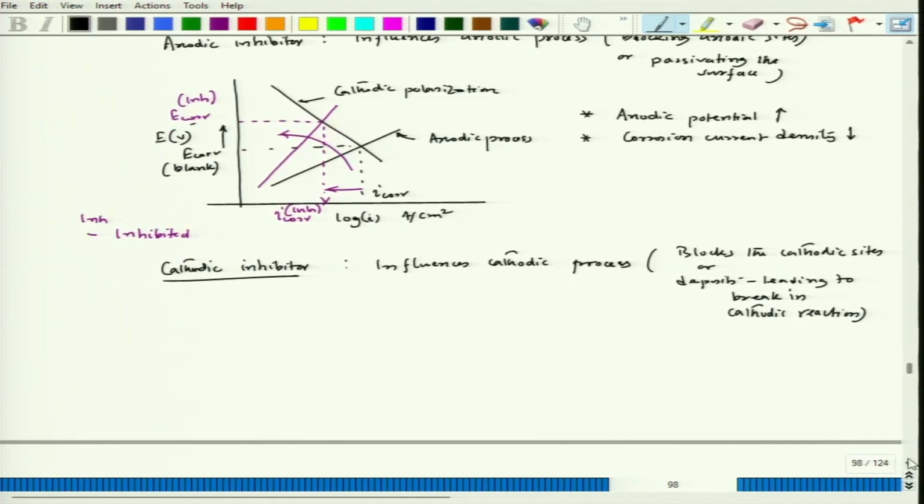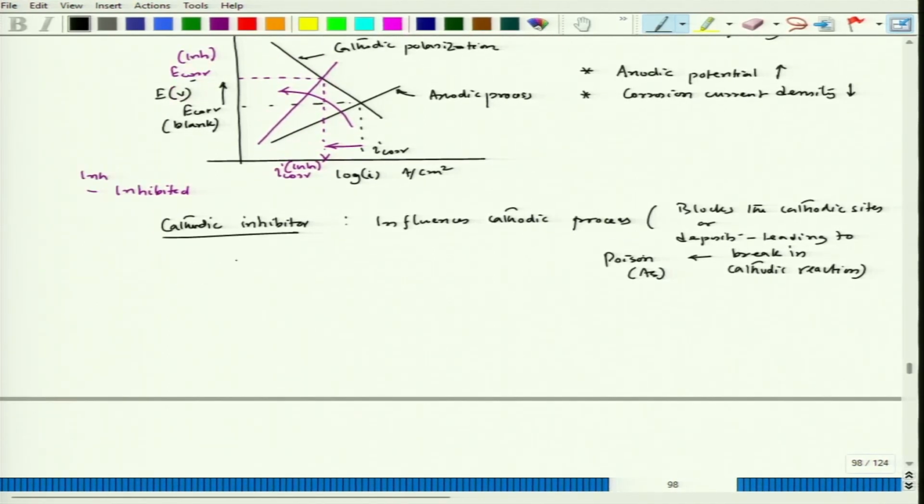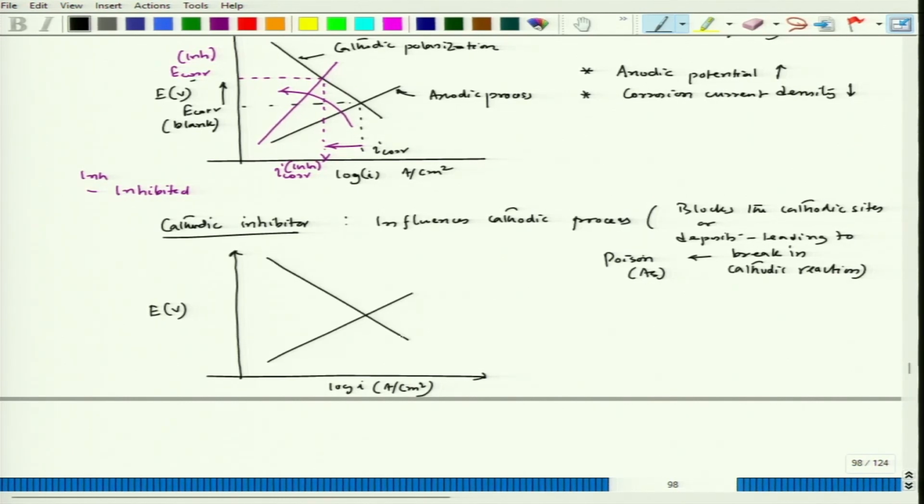We will look at that part. So, this belongs to, let us say, poison, which is arsenic. It actually deposits on the steel surface, and it does not allow the hydrogen evolution reaction, which is the cathodic reaction. Now, if we look at the mixed potential again, these are cathodic and anodic process.